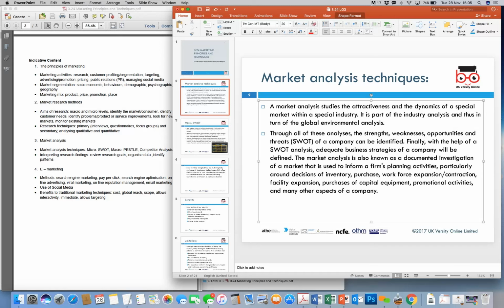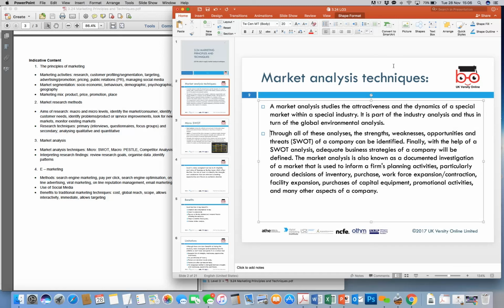Now, these two particular tools are used under market analysis when you want to understand and also segment, detail out, whatever you call it. You're looking at basically understanding in detail the situation or factors which are affecting the business. Now, we look at SWOT from a point of view of looking at micro analysis, because micro would be looking at the situation from an internal perspective.